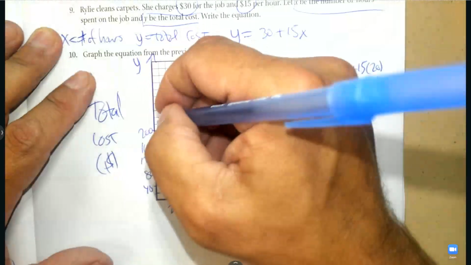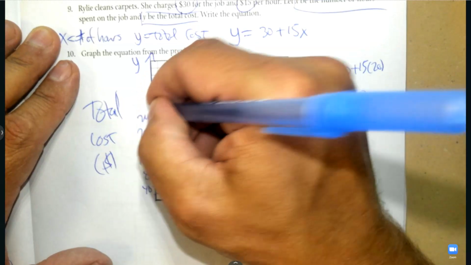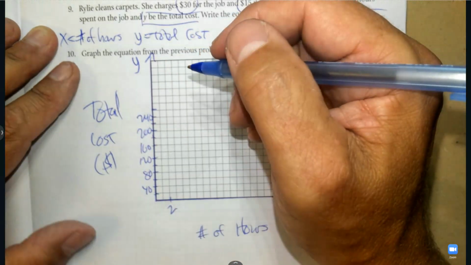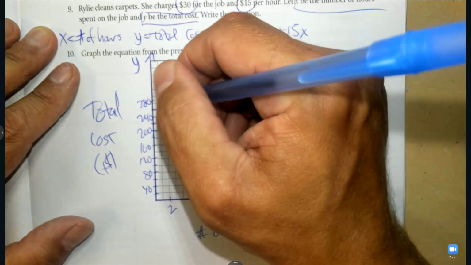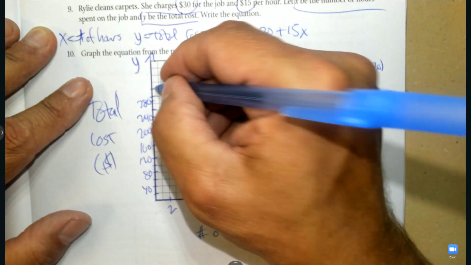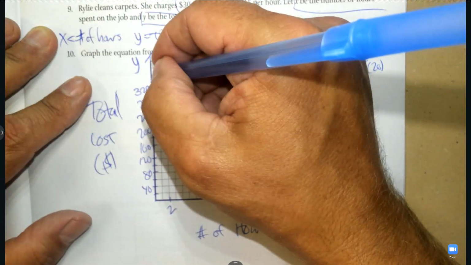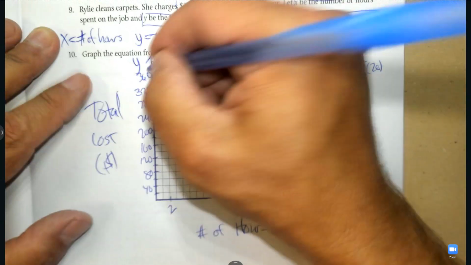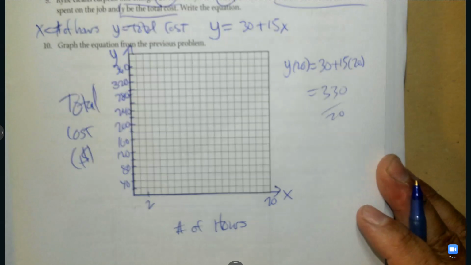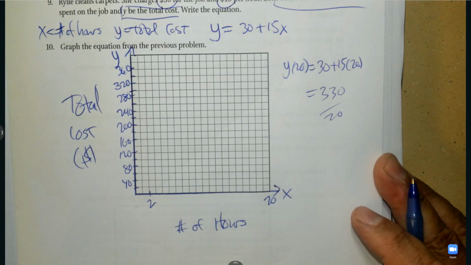What am I going to have? 330. Okay. 220, 240, 260, 280, 300, 320. We're almost there. 340, 360. All right. So, counting by 20s, there we go.